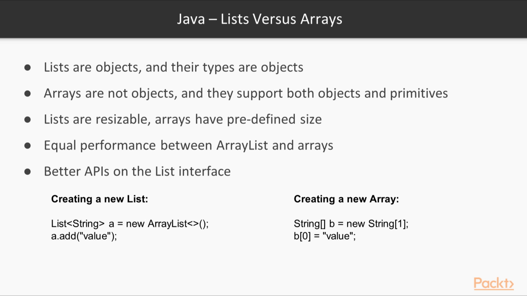While both perform a very similar job, there are some key differences that can make the developer pick one or the other, depending on the technical requirements. Luckily, performance is not one of those differences, since in Java, ArrayList, which is an implementation of a list, is based on arrays, and both of them provide the same level of performance.